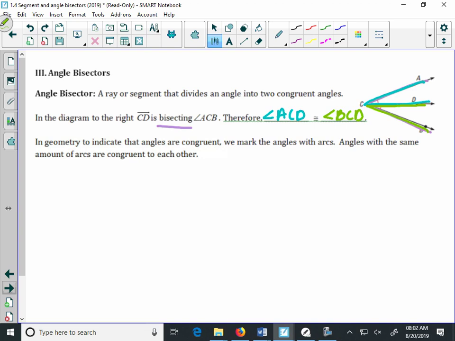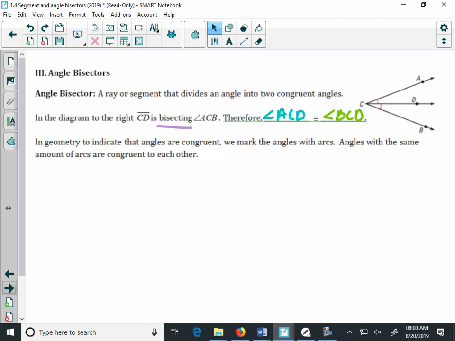They're congruent. They're the same measurement. In geometry, to indicate that angles are congruent, we put arcs kind of inside near the corner of the angle. If angles have the same amount of arcs, that means they're the same measurement. If they have a different amount of arcs, that means they're different.